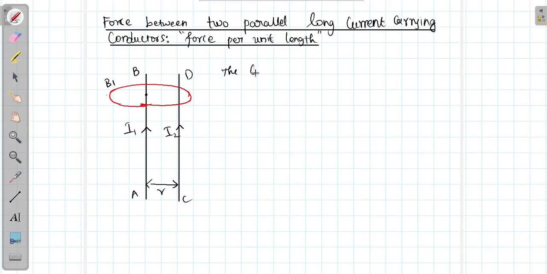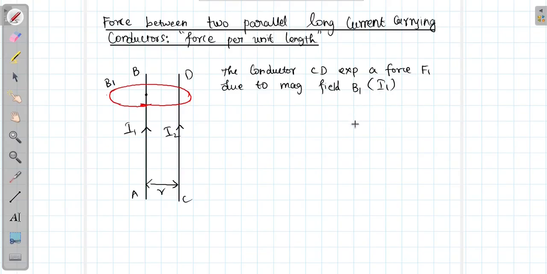The conductor CD experiences a force F1 due to the magnetic field B1 and the current, because of the current I2.